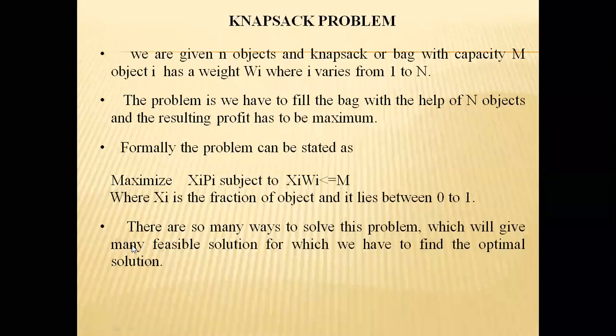Whichever objects you place, you should get the maximum profit. So calculate which objects placed in the knapsack give the maximum profit, with the sum of the weights less than or equal to the capacity of the bag. You can also place fractions of objects, that is, if you cannot place the whole object, you can place a fraction.